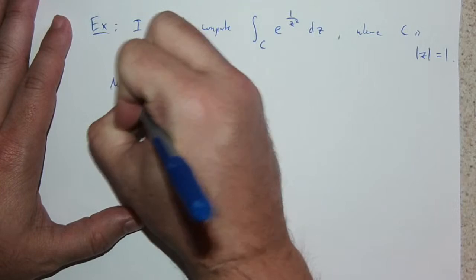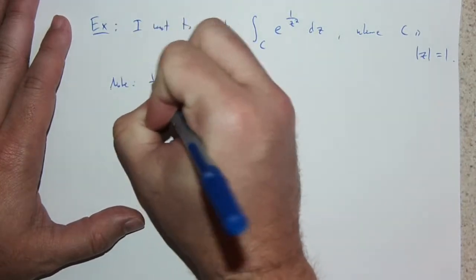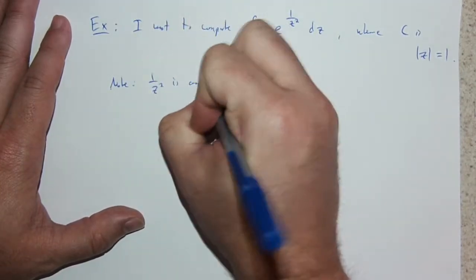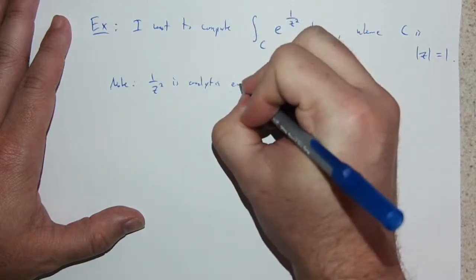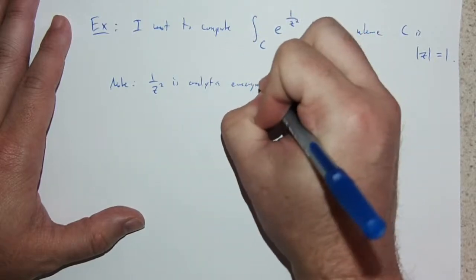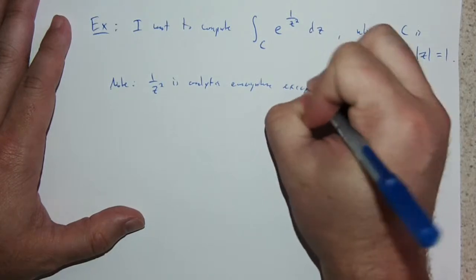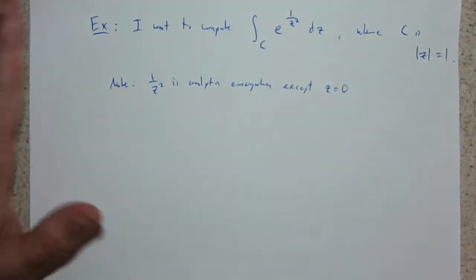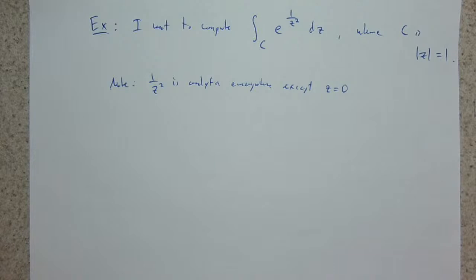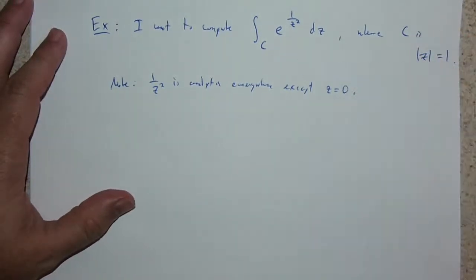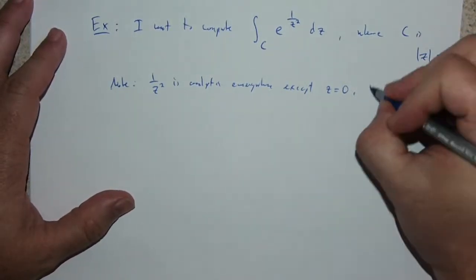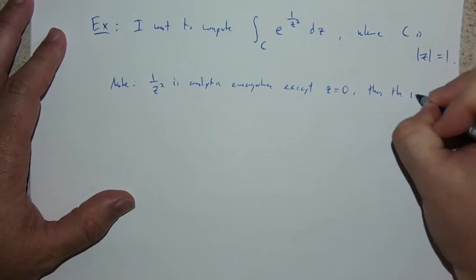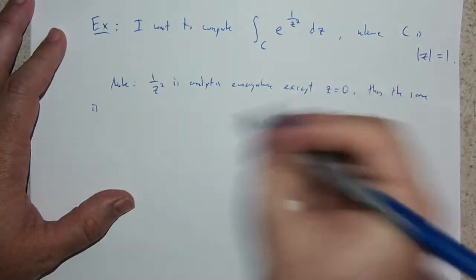Note 1 over z squared is analytic everywhere except the origin. Thus, the same is true of e to the 1 over z squared, the same is true of that composition.